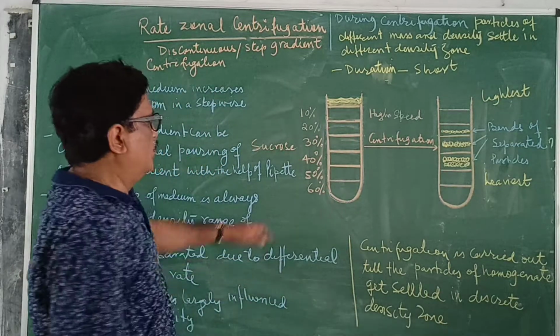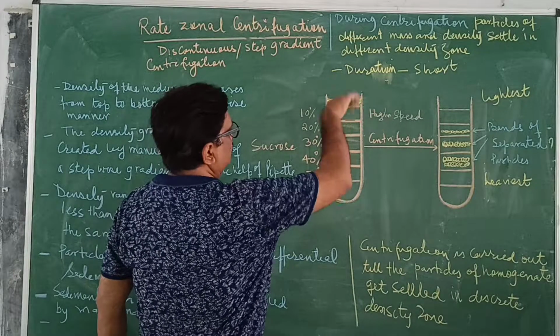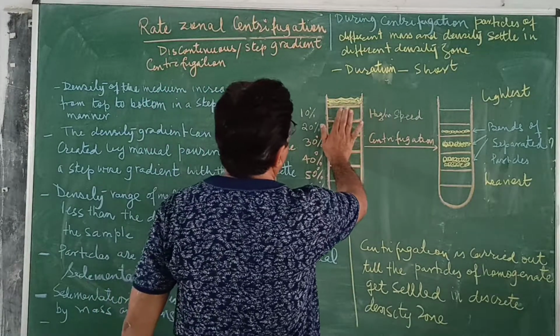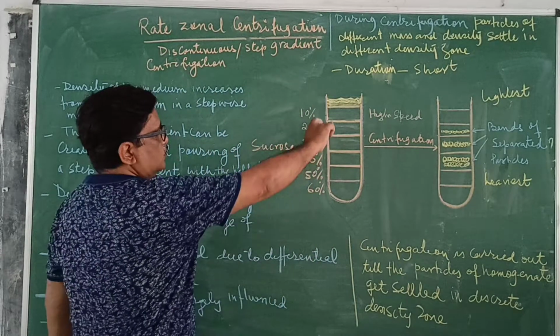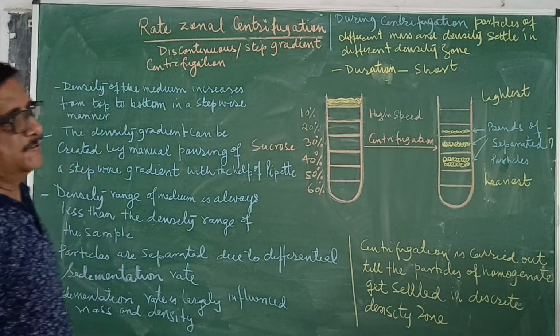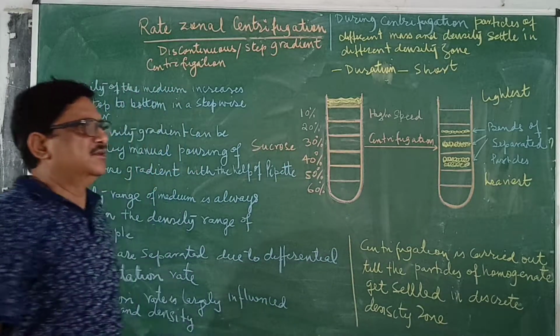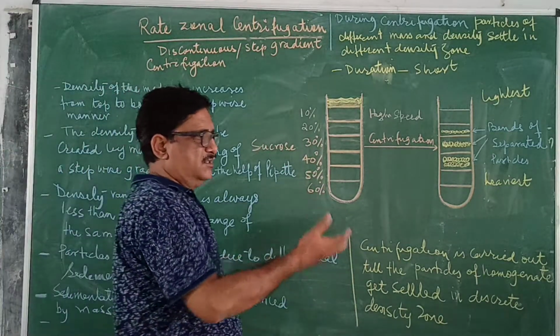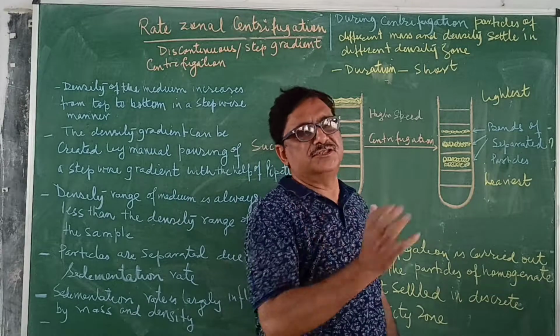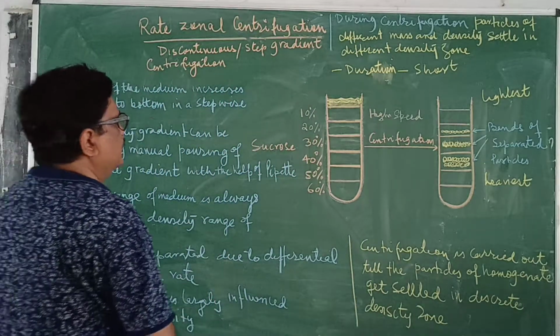density of the medium is present, or in other words, the medium has the minimum density zone here. The density gradient is formed by increasing the concentration of the solute in the medium.